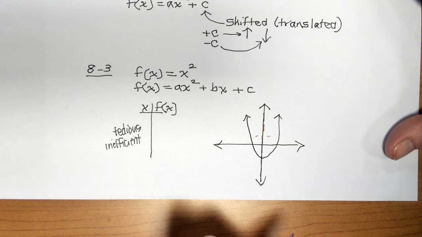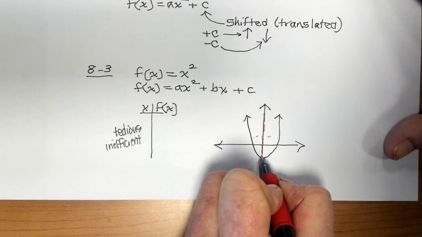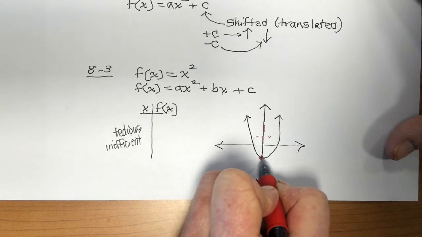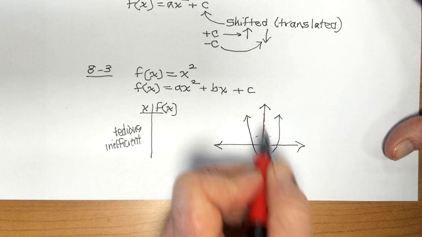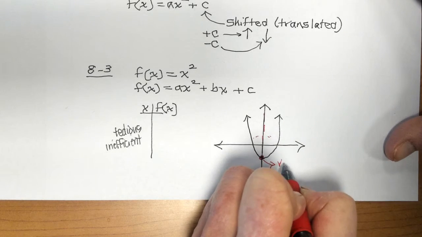It's a mirror. We also learned about the bottom of our graph, or the top of our graph, which is the vertex.